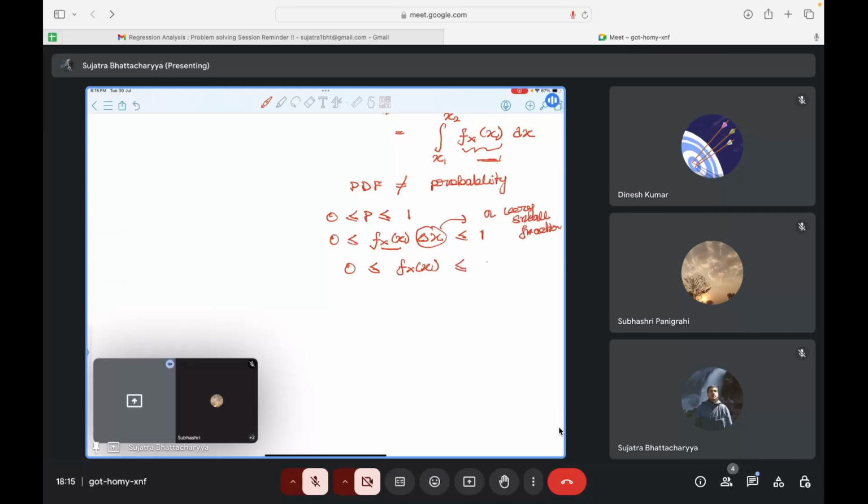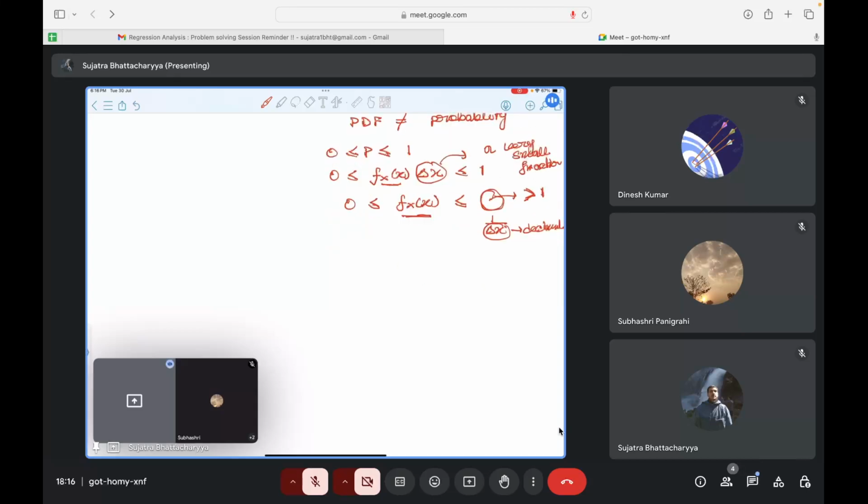This limit will always be greater than 1, correct? Because if you divide by delta x, it becomes 1 by delta x, and if delta x is in decimal, it will be greater than 1. Therefore, there is no limit that the maximum of f_X(x) has to be 1. It can be greater than 1 also.